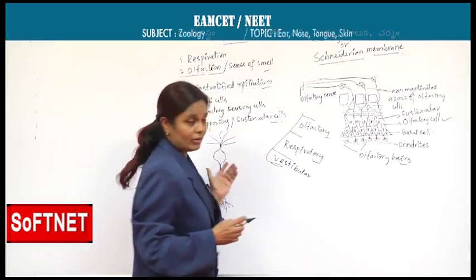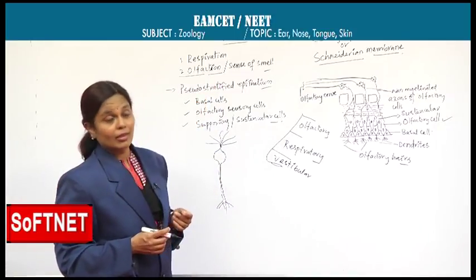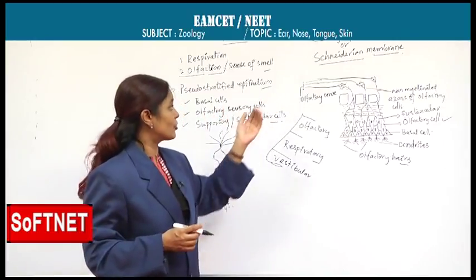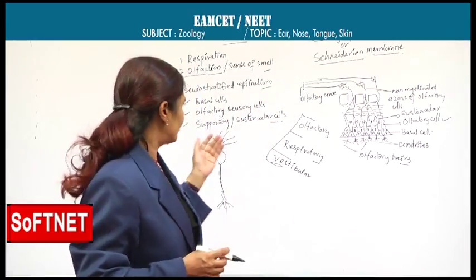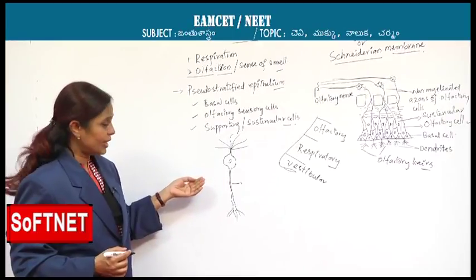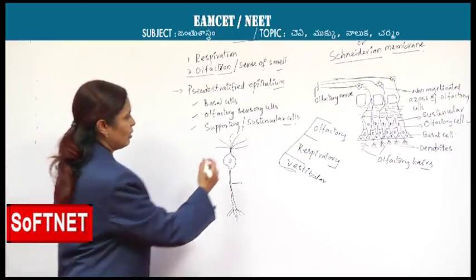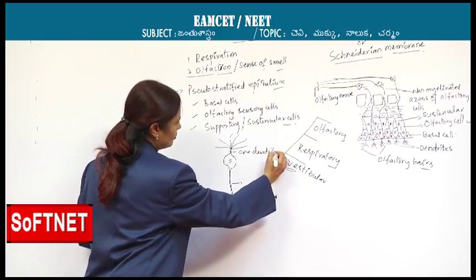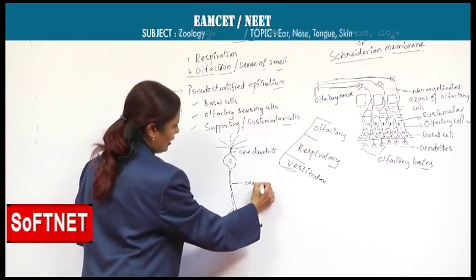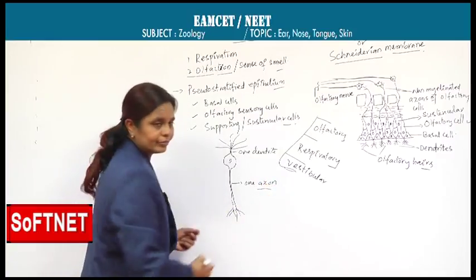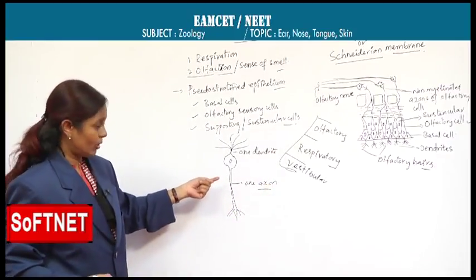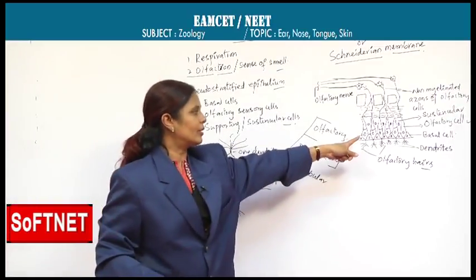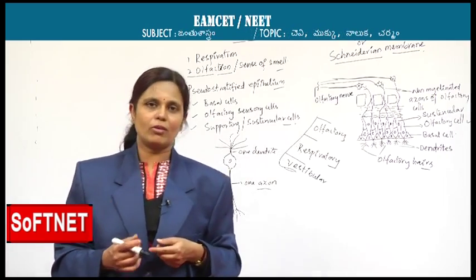So, this is about the sensory function or olfactory structure and function of the nose. A bipolar neuron is characterized by one dendrite and one axon. Of course, the axon is always one. Olfactory sensory neurons belong to the same category.